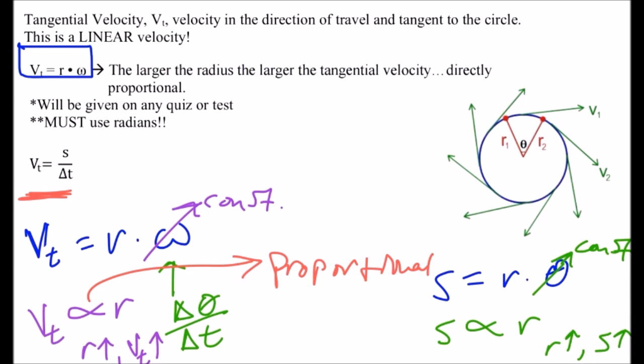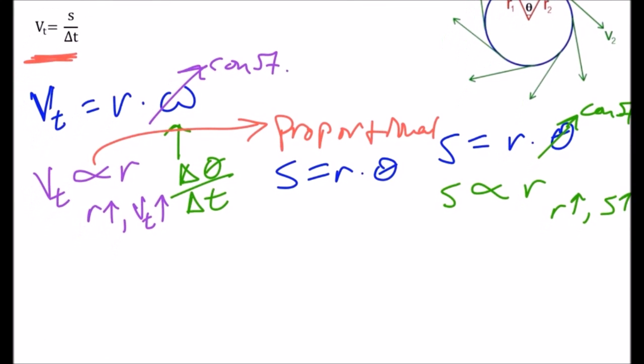Well, if we know that tangential velocity is equal to the radius times omega, and we know that omega is equal to delta theta over delta time, and we know that the arc length is equal to radius times theta, what do you think we can do here? What substitutions do you think we can make to come up with that new equation down there? How did I get that? Where did that come from?